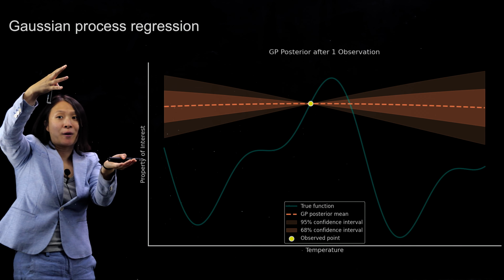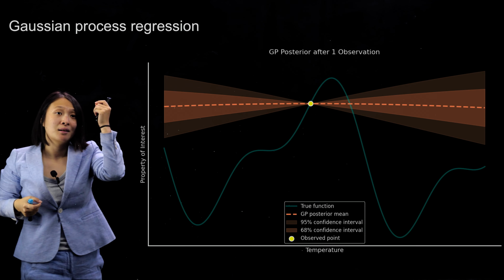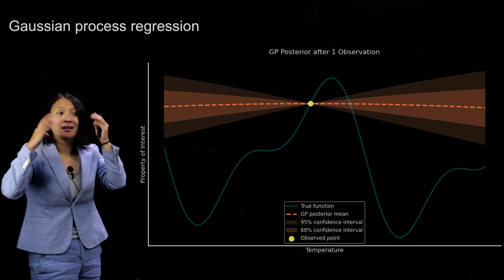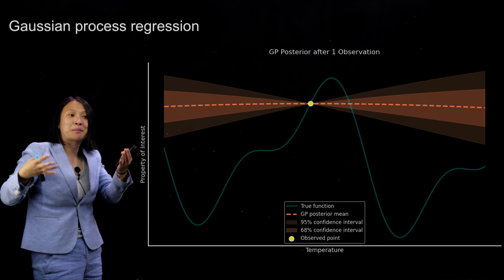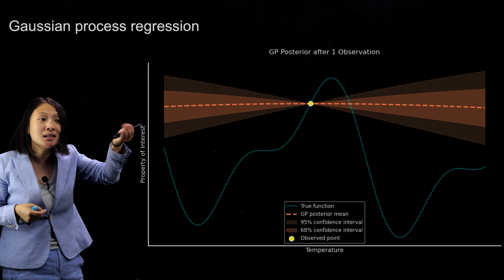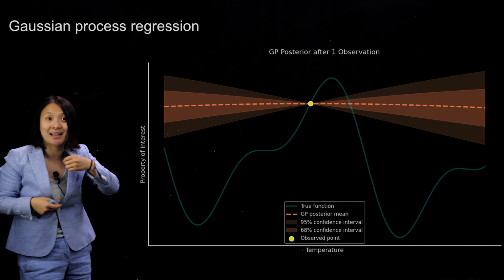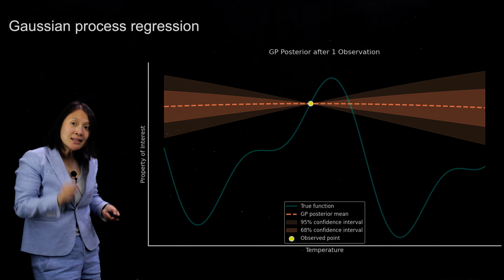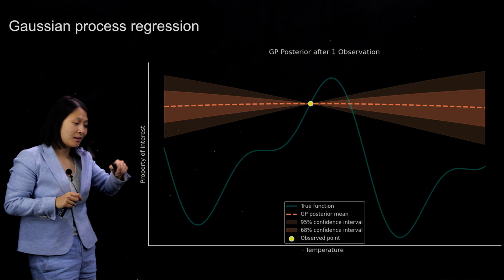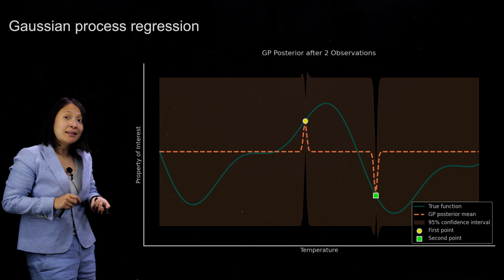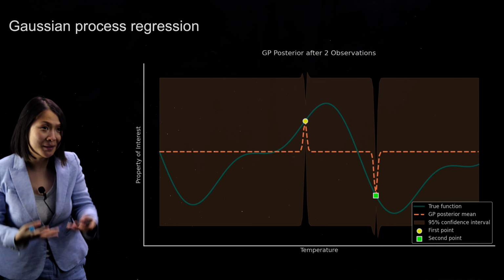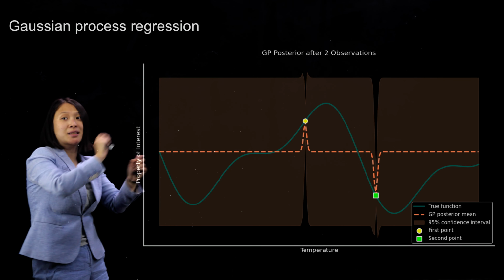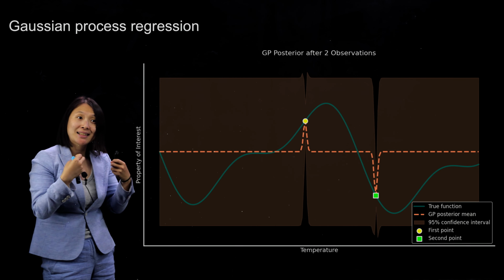In this diagram, with just one data point collected, we show the 1 sigma and 2 sigma, so it's the 68% confidence interval as well as the 95% confidence interval. So you can see why it is interesting, because now we can start to collect more experiments. In particular, here we have 2 experimental points being collected.